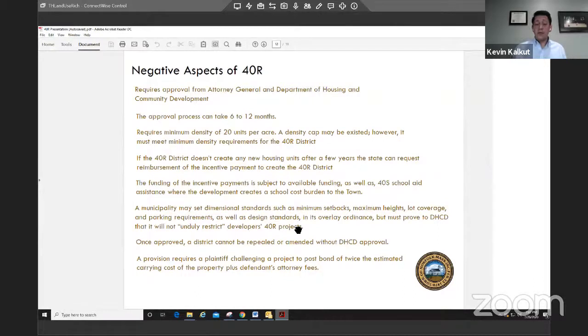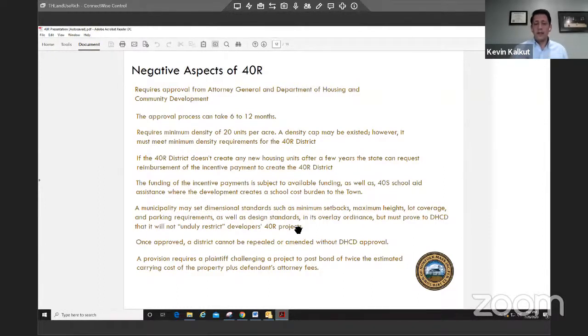All of these parameters, we're going to be able to define ahead of time when we set the overlay district. So by setting those parameters, in turn, we reduce the risk of having a project come in that doesn't fit our expectations, thereby reducing the risk or the need for a more open and thorough appeal process.